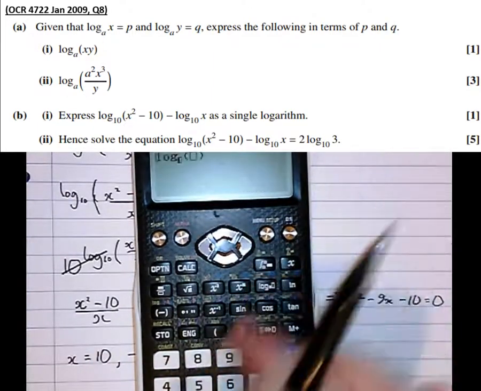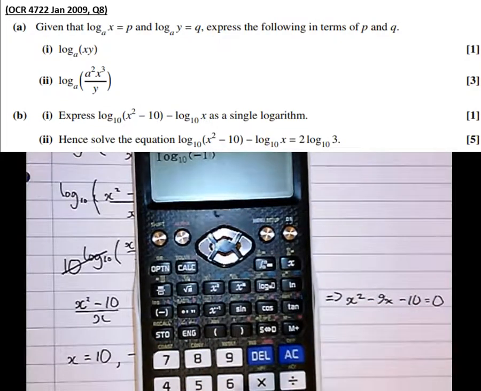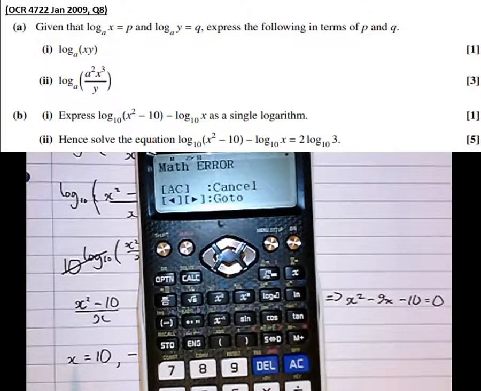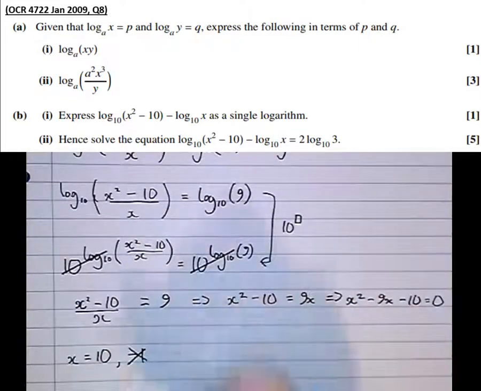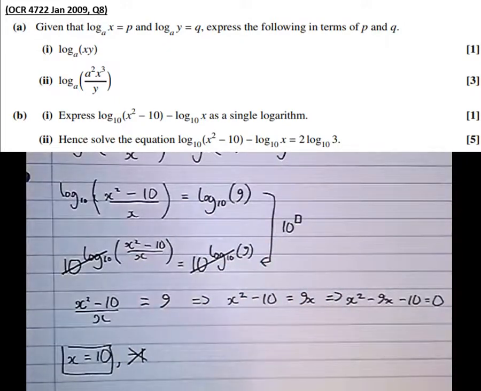So log to the base 10 of minus 1, we get a maths error. That's because logarithms can't be taken of negative numbers. Therefore this one is an invalid solution. There's only one valid solution, x equals 10. And there's the question done.